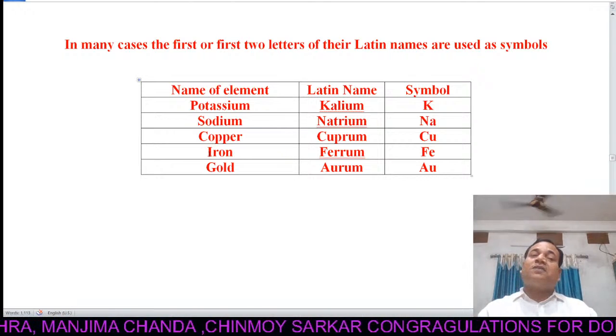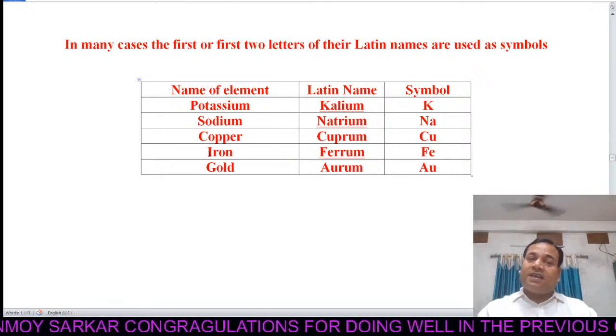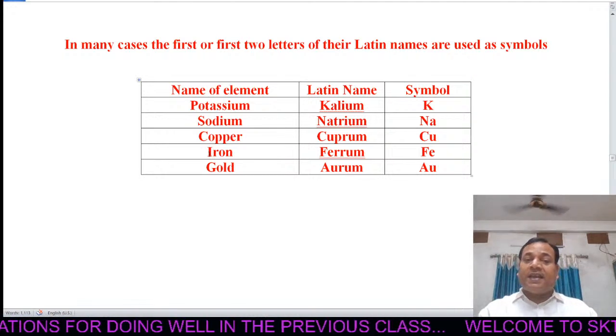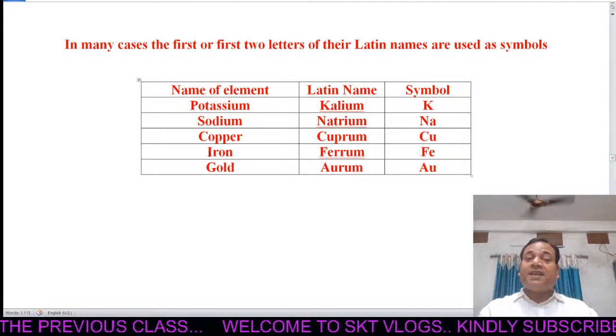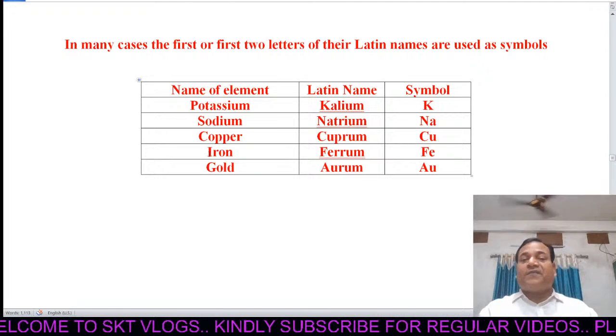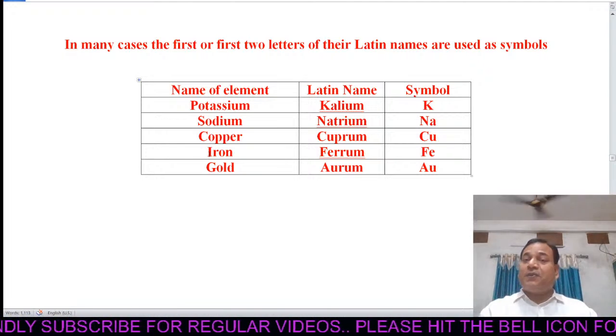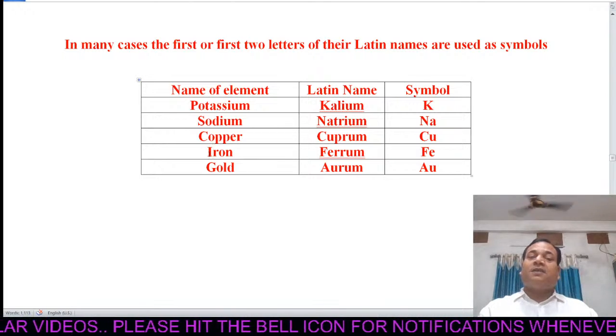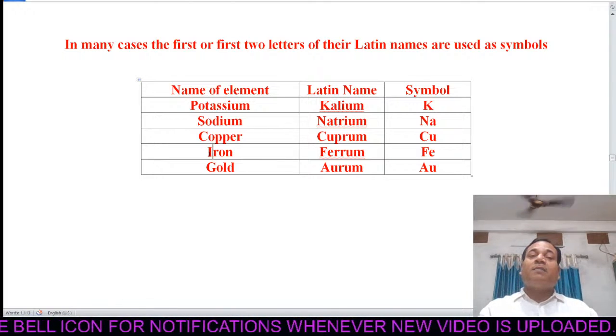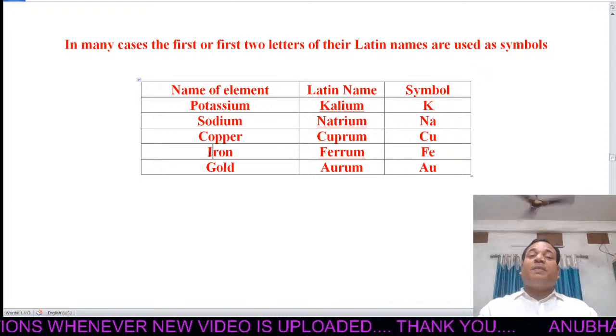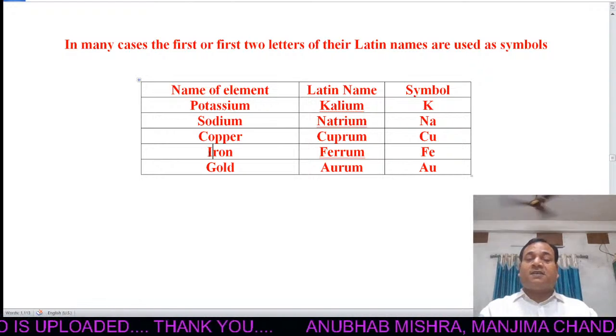So thus you understood potassium K, sodium Na, copper Cu, iron Fe and gold Au. But you must know about silver too, because in MCQ I may ask.